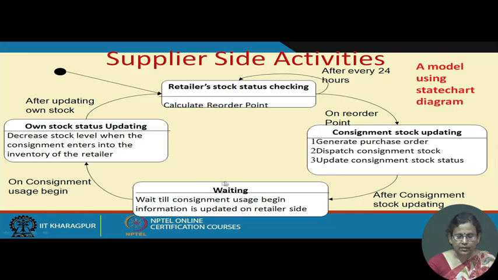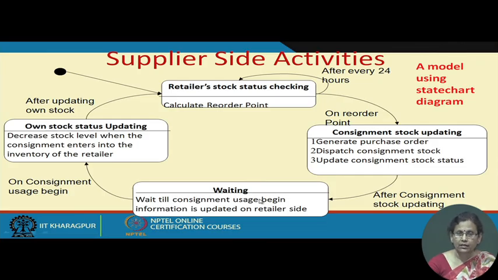Then after consignment stock updating, it will wait for the retailer system to start using the consignment stock. Look, till this point the retailer has not opened the consignment stock. The consignment stock is sent in the physical channel, and the details of the shipping are sent to the retailer.